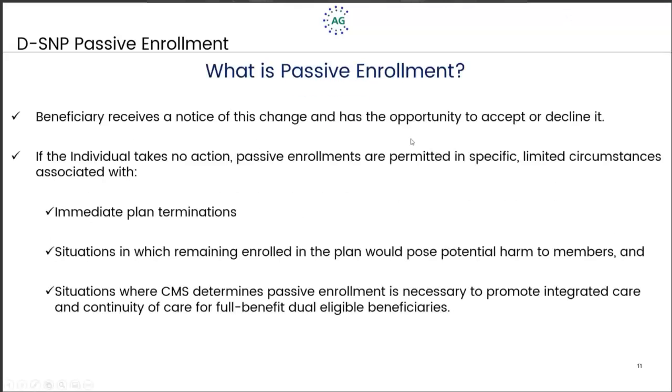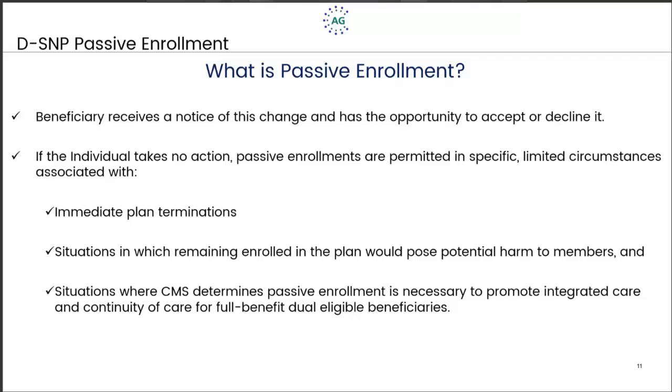Okay, so now we're going to talk a little bit about what is passive enrollment. The beneficiary would receive a notice of the change that they have been enrolled in this DSNP plan, and they'll have the opportunity to accept or decline it. If the individual takes no action after receiving the notice, they remain enrolled.